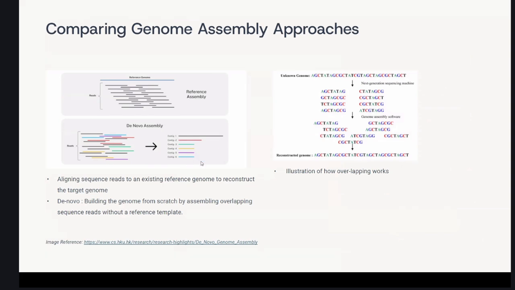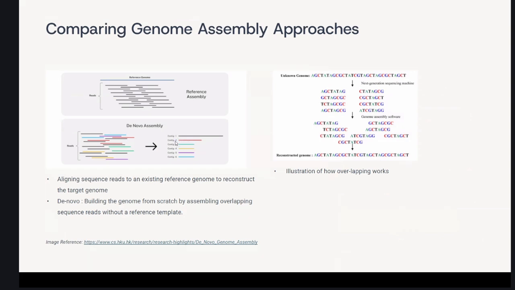As I said, in the de novo approach, you will find a more fragmented assembly. You will not get a proper whole genome, but you will get some contigs out of it. Contigs are contiguous sequences which are longer than your reads.